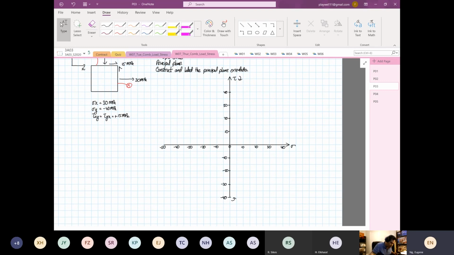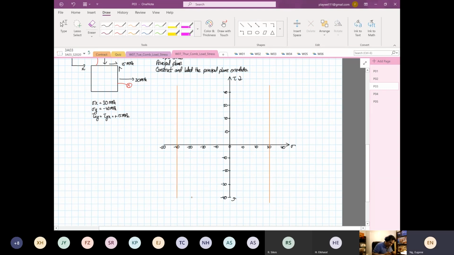So the first thing we're going to do, we know that one stress is at 30. Okay, so one stress state is at 30, right? And then you have another stress state at minus 40.